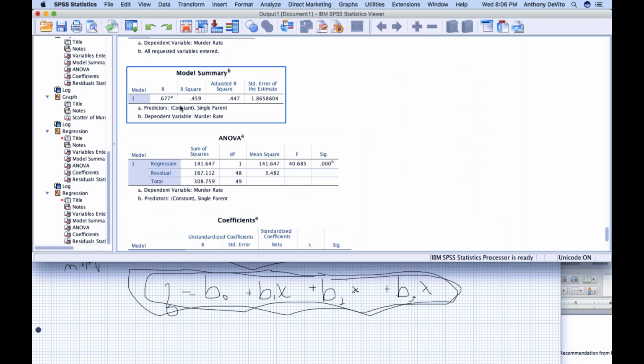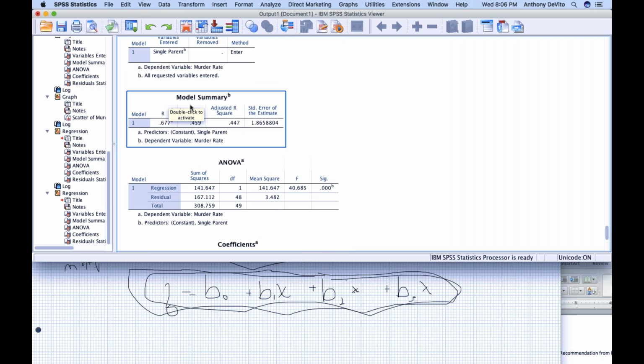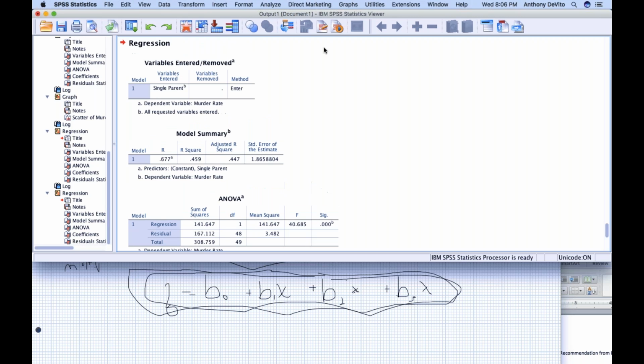Okay, so the R value is 0.677. Wow, there's really a strong association there. R squared is 0.459. Almost 50% of the variability in the murder rate is associated with the rate of single parent homes. Let's actually take a look at that data graphically.